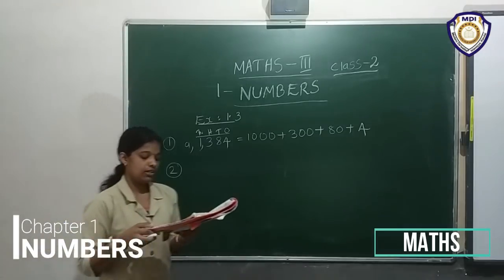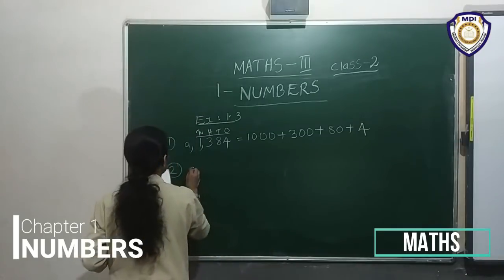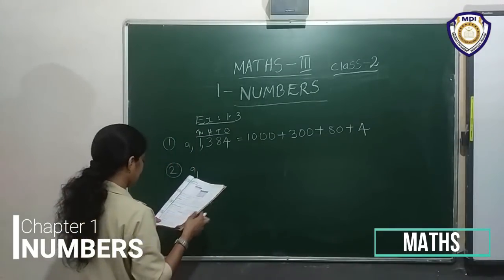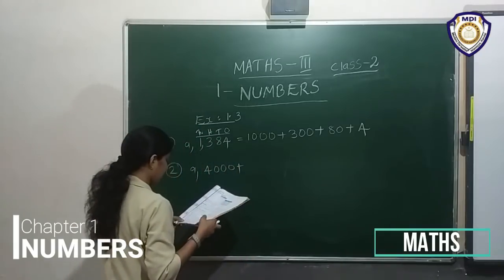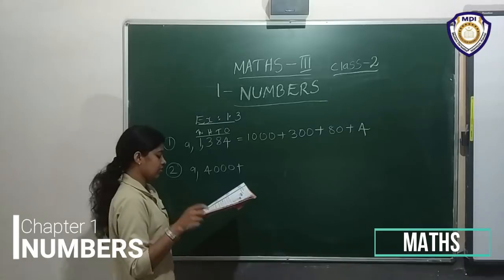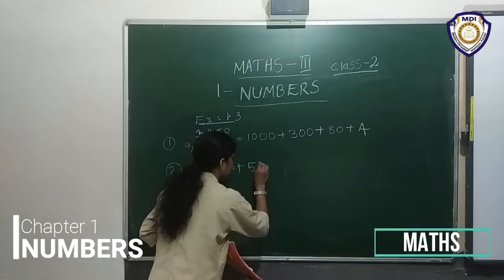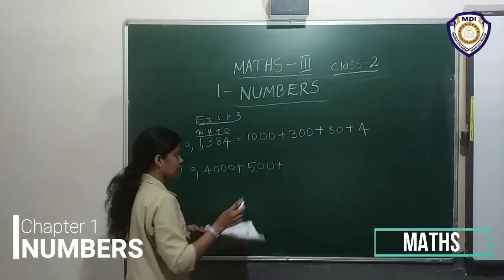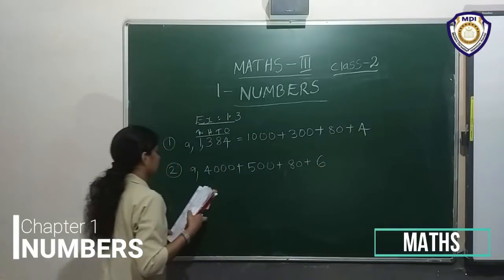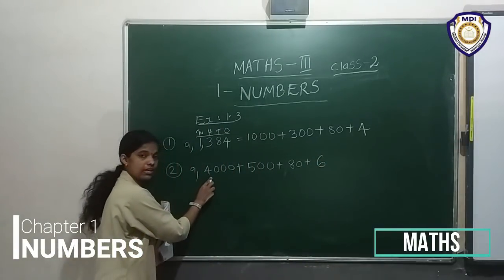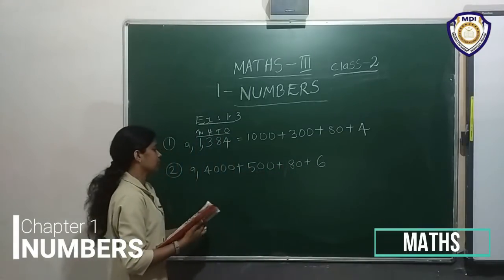Second one, write in short form. 4000 plus 500 plus 80 plus 6.